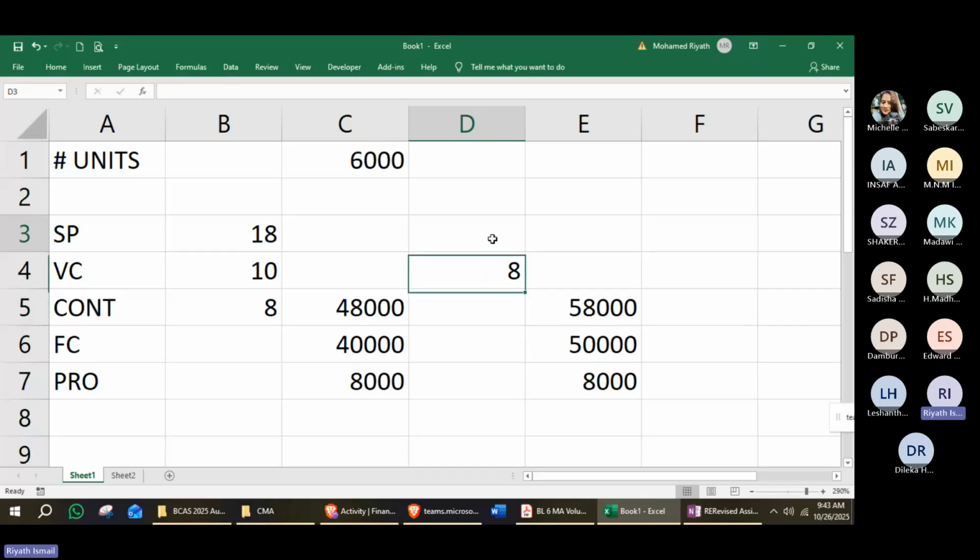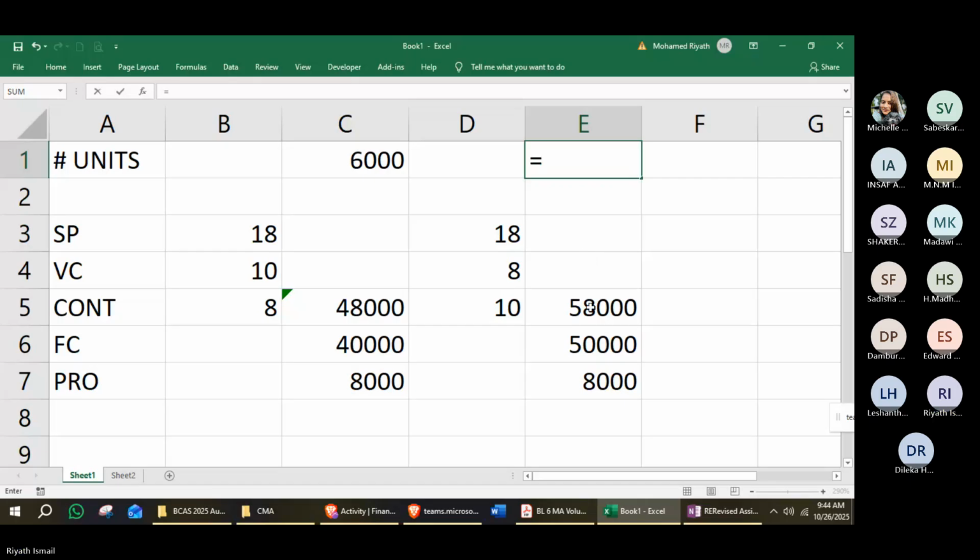Selling price, no changes in the selling price. And the contribution here could be 18 minus 8, 10 rupees. This is contribution per unit.